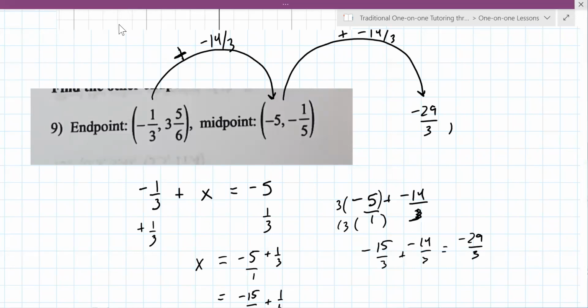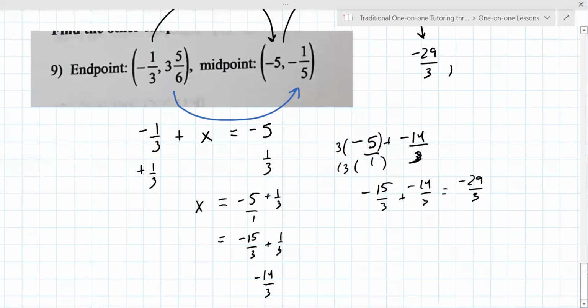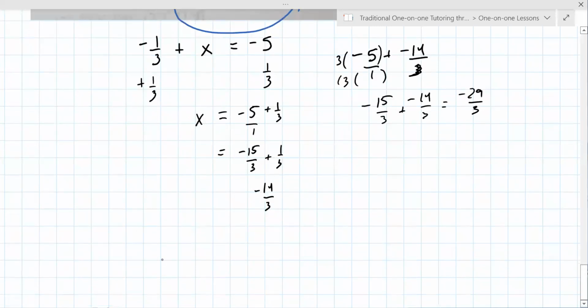So now you similarly have to figure out the jump from this number, 3 5/6, to -1/5. And I mean, again, I just don't know why these numbers are so complicated, but that's what they did here. So it's 3 5/6 plus x gets you to, what did I say?